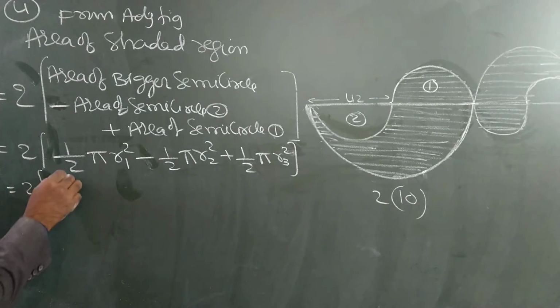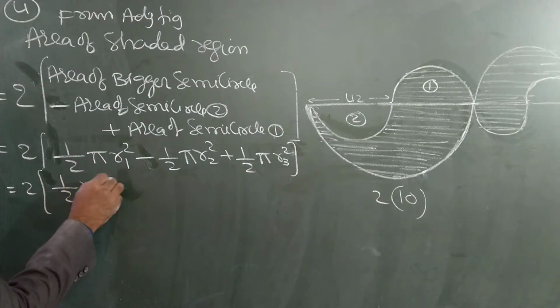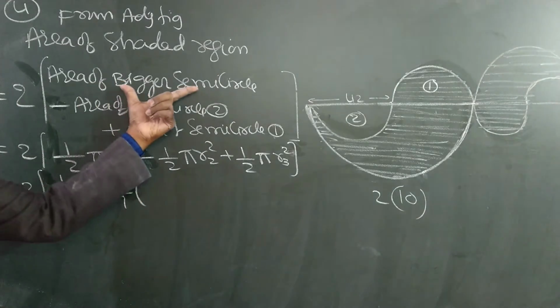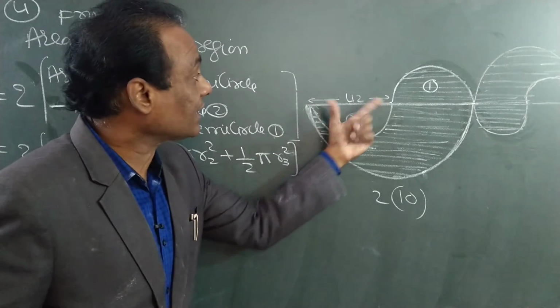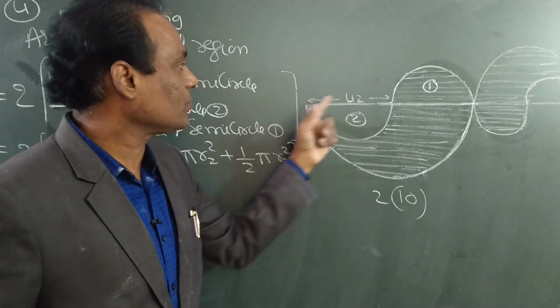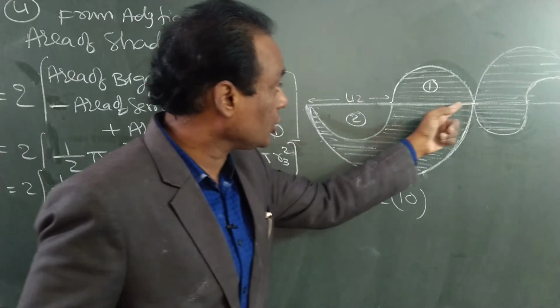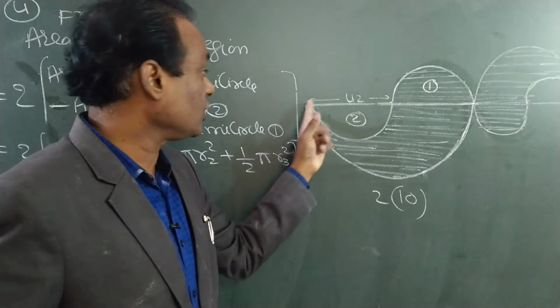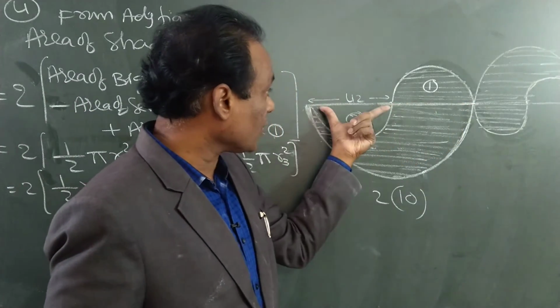Half pi is 22 by 7. R1, the bigger semicircle radius, is 42. The bigger semicircle radius is given in the problem. This total is called the diameter, here to here, and half is called the radius.